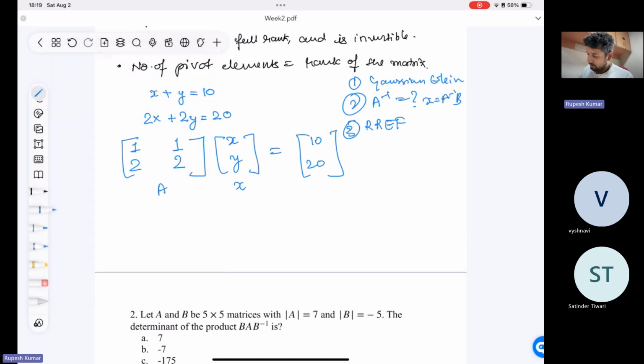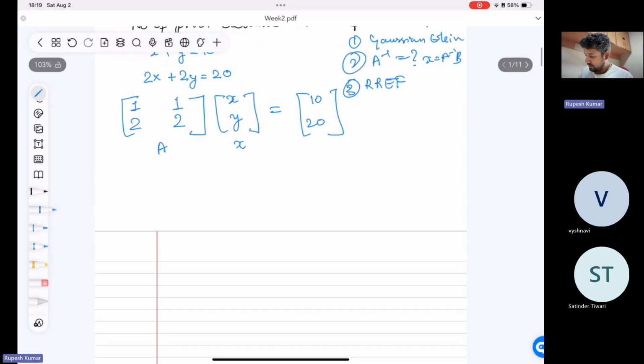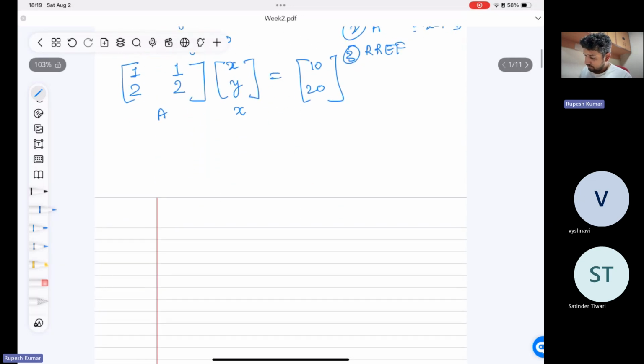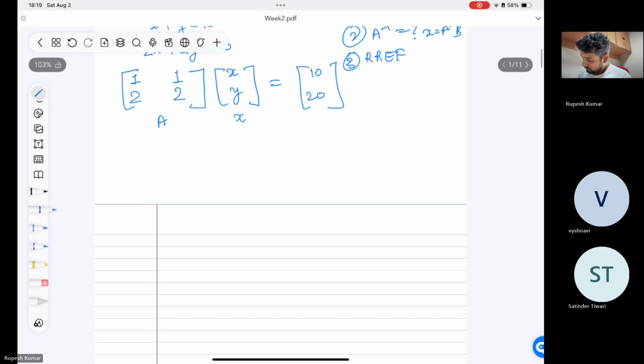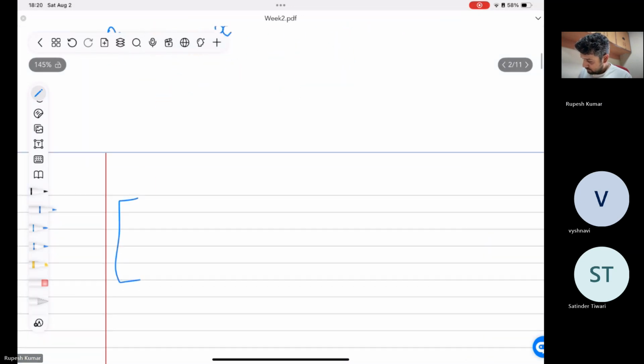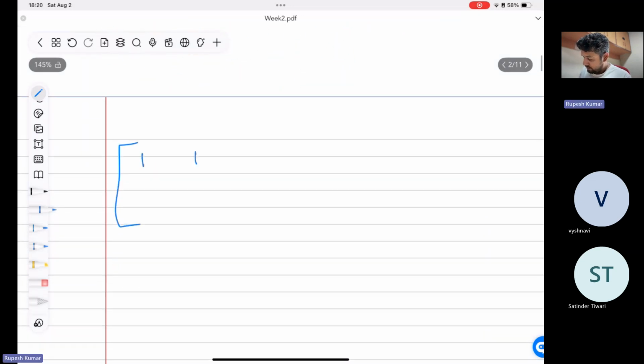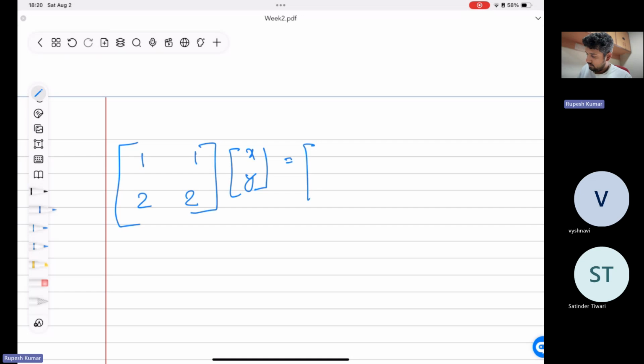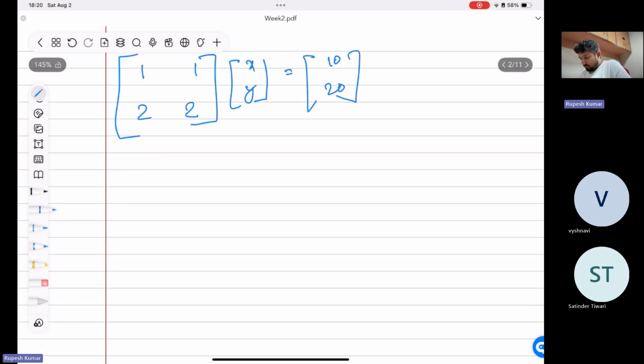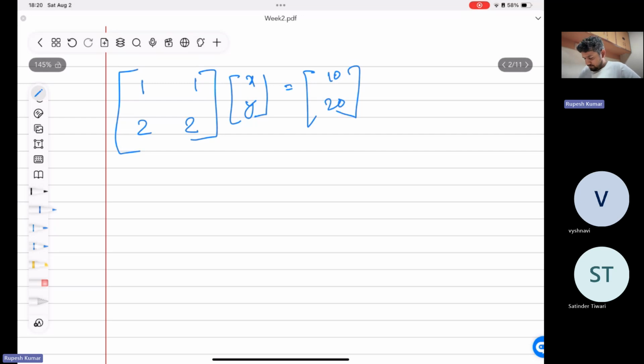Okay, let me add a page here, right? Yeah. So let's do this, right? So the matrix that we are looking at is 1, 1, 2, 2, right? Into x y equals 10, 20, right? So the easiest way, let's use elementary row operations to solve this using Gaussian elimination, right?